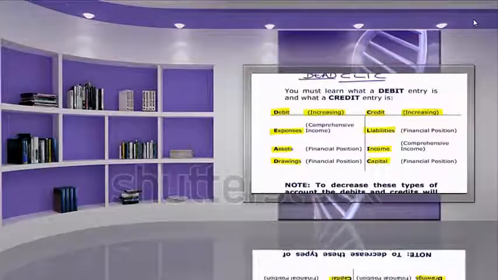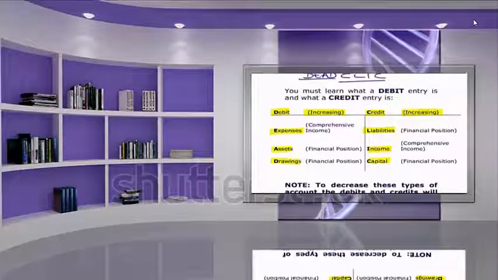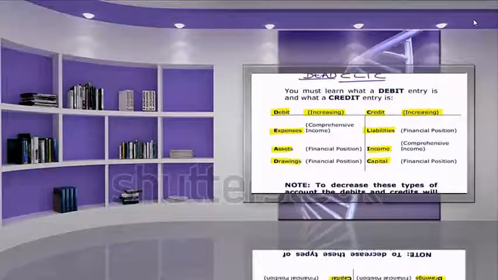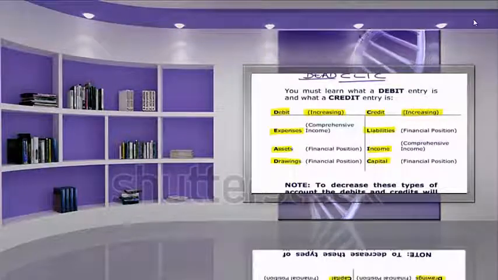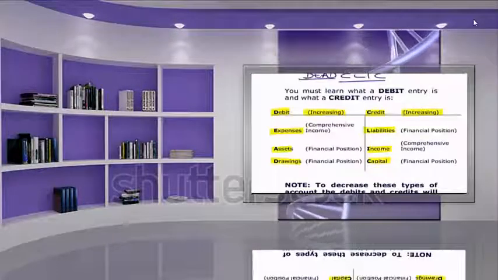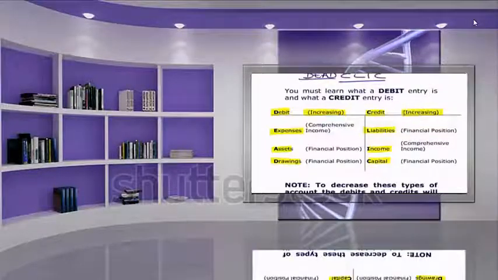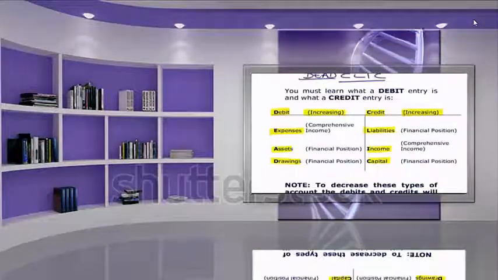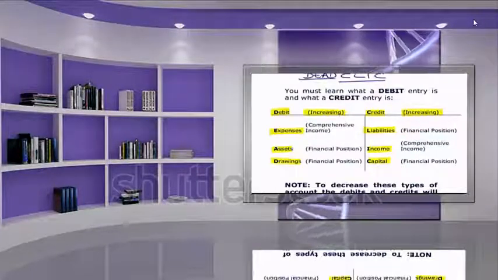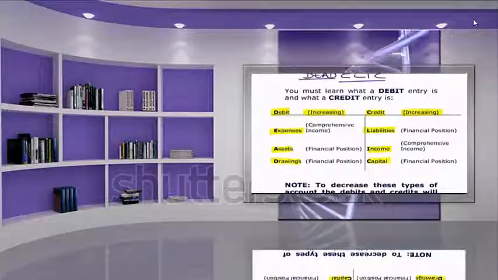But if you're decreasing your asset of cash, let's say to purchase a building, a decrease in an asset would appear on the opposite side of the ledger account, the credit side. So an increase in an asset is a debit entry. If you are decreasing an asset, it would be a credit entry, the opposite.